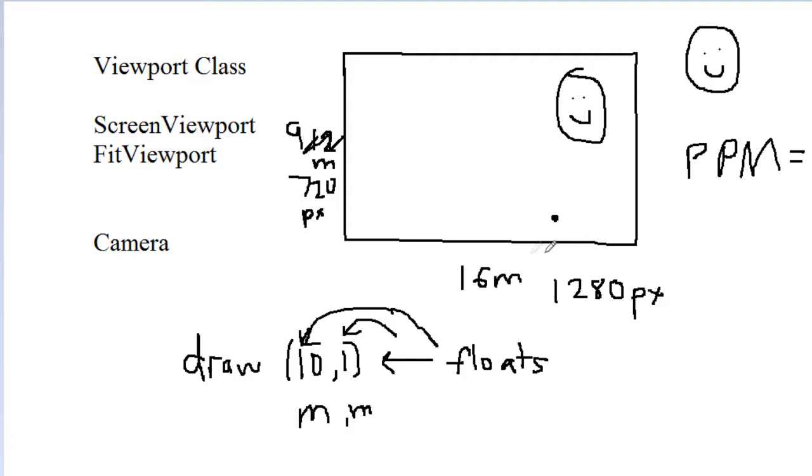But if I make them floats, it could be like 10.3 and then 1.2. And then in order to figure out where to render on the screen, this is all handled in the batch projection matrix, but my program would take these values and multiply them by 80. So 10.3 times 80 and 1.2 times 80, and then render those pixels.